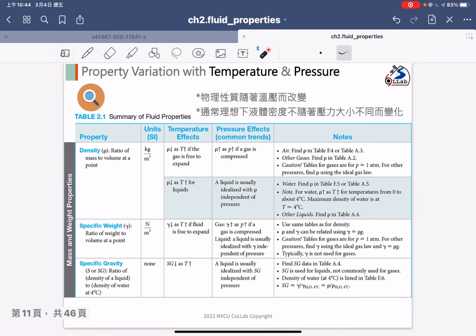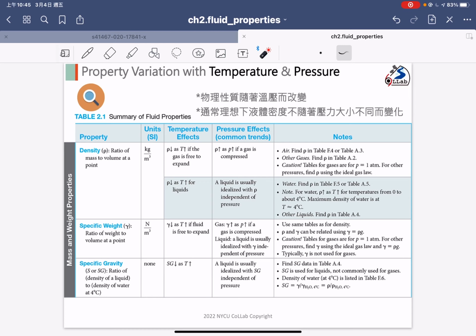We practice how to understand the physical properties. And Table 2 summarizes the fluid properties. The first is the density, gamma, and the Sg, right? And the equations are also defined here and here. Okay, but you focus on this table.